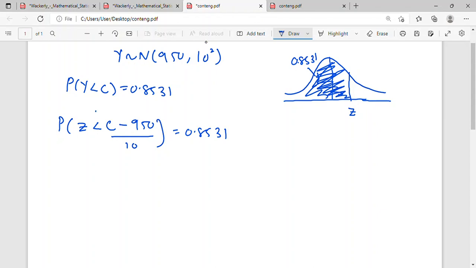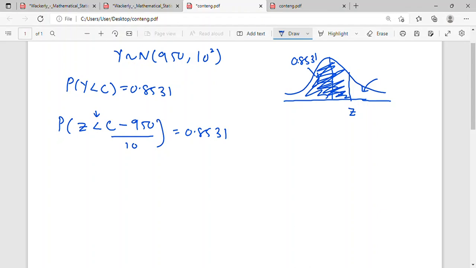Okay, walaupun dekat sini less than, ianya positive value. So macam mana nak cari 0.8531 ni? Tak dalam table. Okay, kita boleh cari sebelah sini, sebab kita buat jadi 1 minus, betul tak?